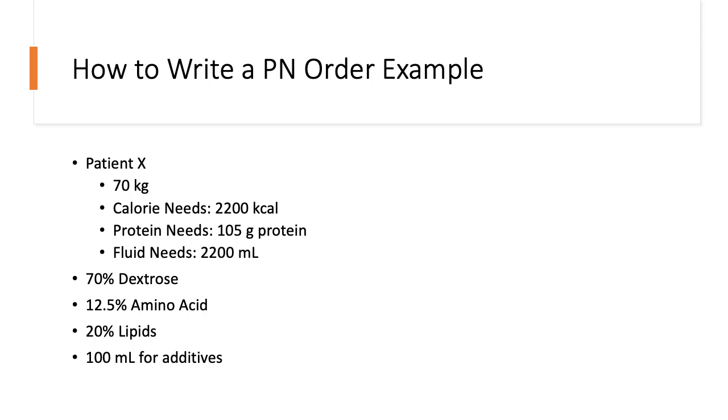We're using 70% dextrose concentration, 12.5% amino acid concentration, and 20% lipids. And then, like I said, for the purpose of this class, we're going to focus on the macronutrients and volume. You do not have to dose individual electrolytes. We're just going to use the collective term additives to incorporate into the total volume. Additives typically account for about 100 mLs of volume, so that's what we're going to use.